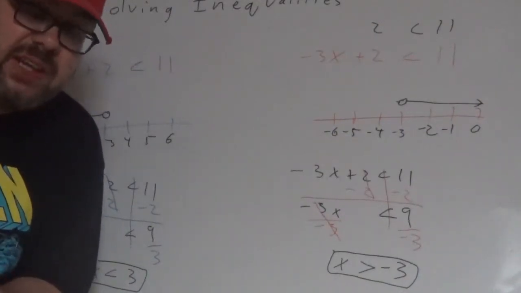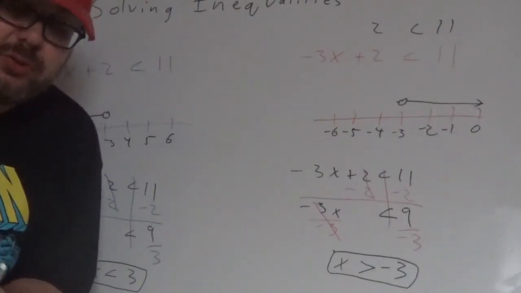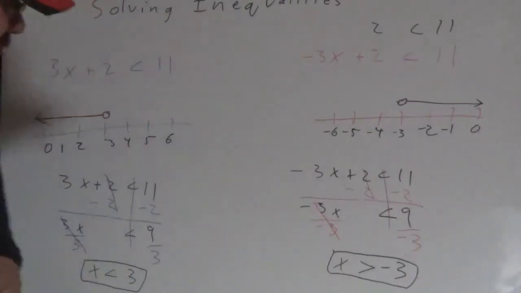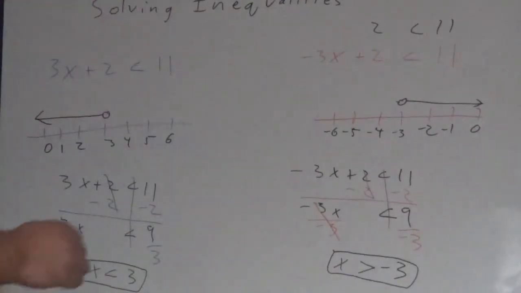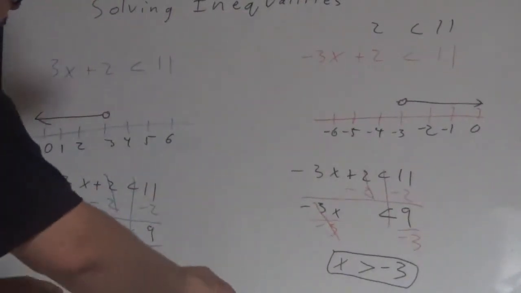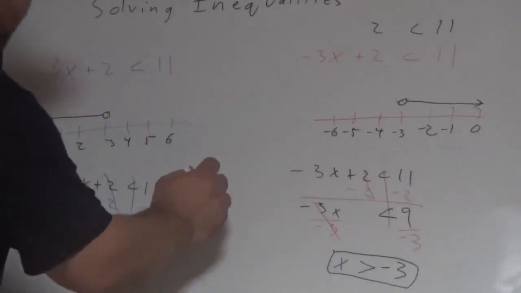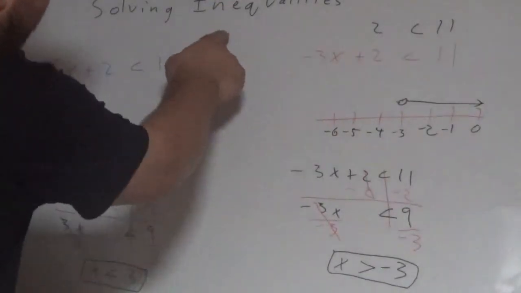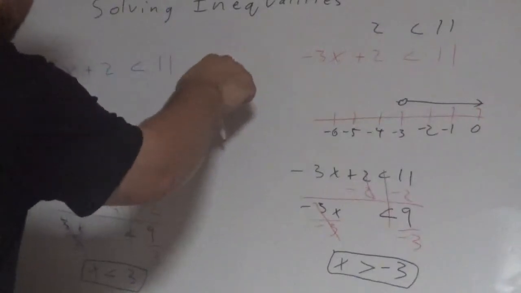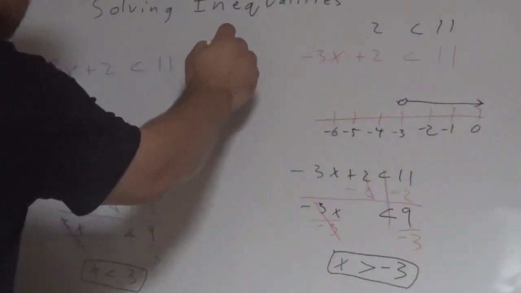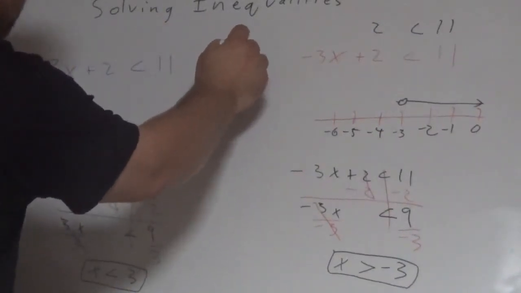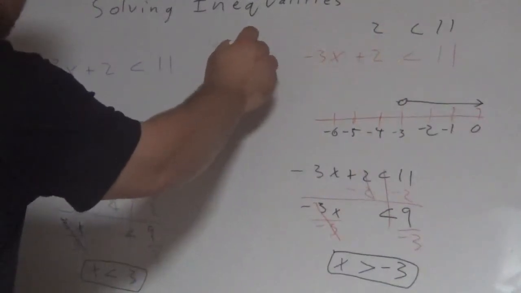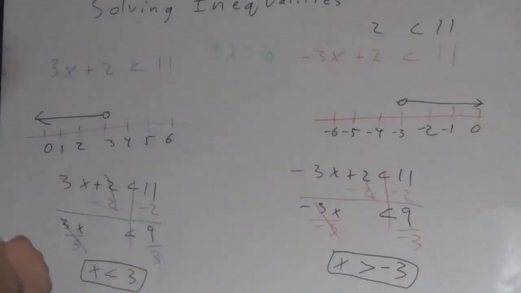Just because you see a negative doesn't mean it's going to get flipped. Example, if we had something that looked like this and we had 4x is greater than negative 16.